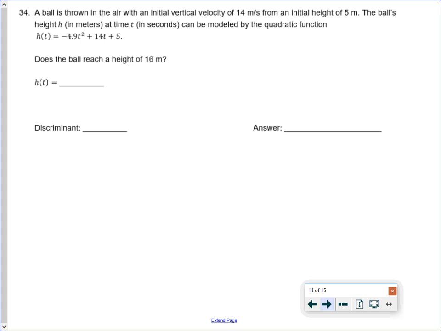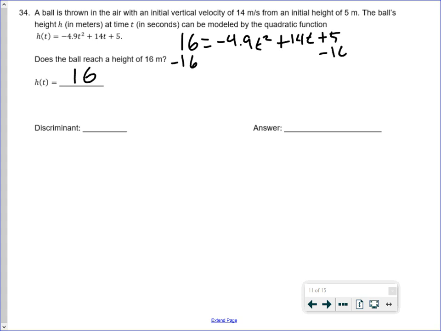All right, so our h of t in this problem is going to be 16. We're going to plug that 16 back into our quadratic function and get a new quadratic function that we'll use to figure out the discriminant. So 16 equals -4.9t squared plus 14t plus 5. We're going to subtract 16, because if you do not have a 0 on one side of the quadratic, it's not going to work.